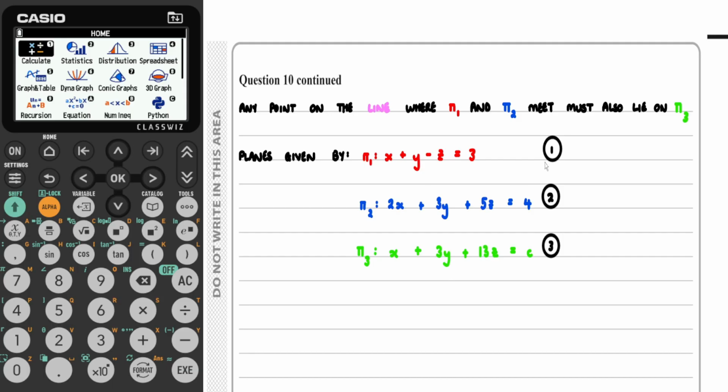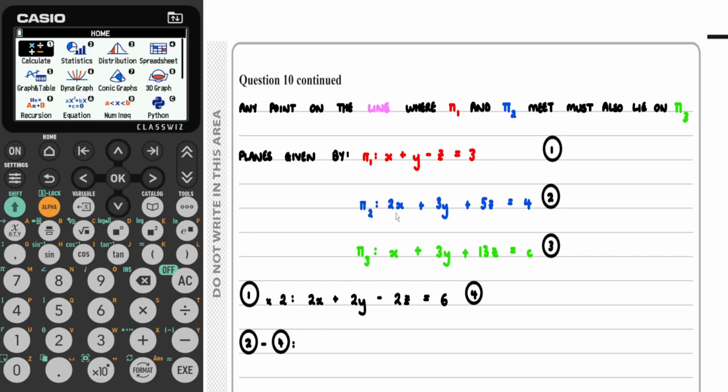So if I look at pi 1 and pi 2, for me to eliminate the x, I can multiply the first equation by 2, leaving me with 2x plus 2y, subtract 2z equals 6. If I call this equation 4, we can now do equation 2 take away 4, because that will get rid of the x's.